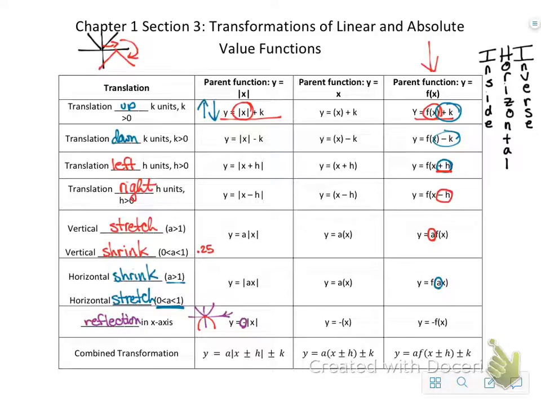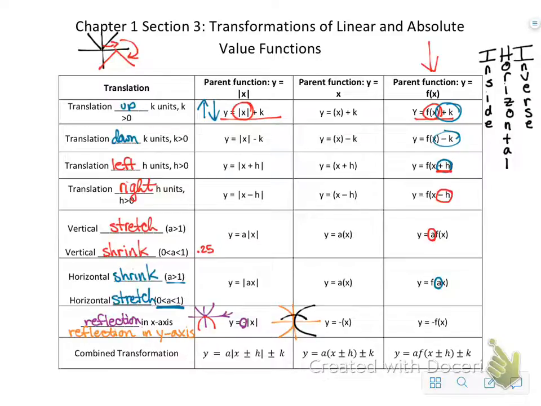Now I have to add something in here that was missing. We need a reflection in the y-axis. That means, I'm going to draw this over here, that instead of being over here, we're going to flip over that y-axis and go over here.